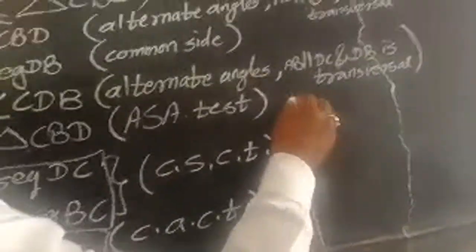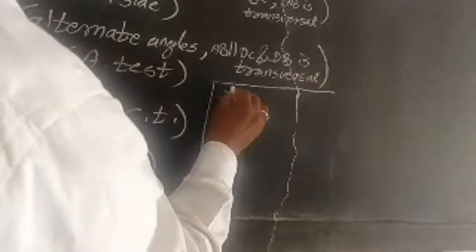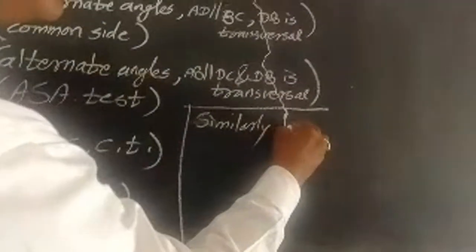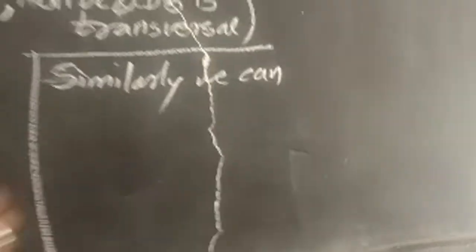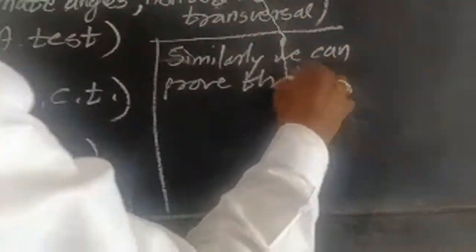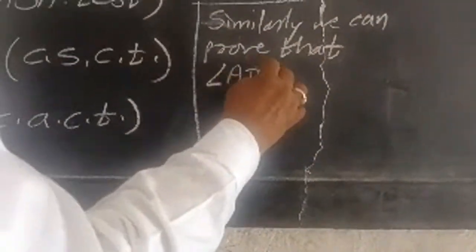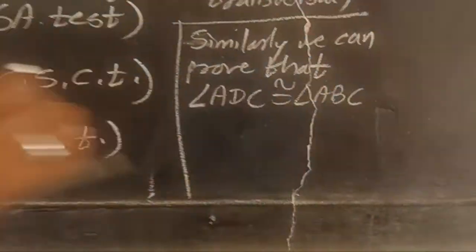Here we write the sentence: therefore, similarly, we can prove that angle ADC is congruent to angle ABC.